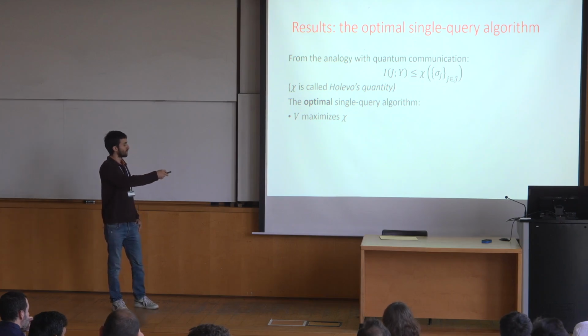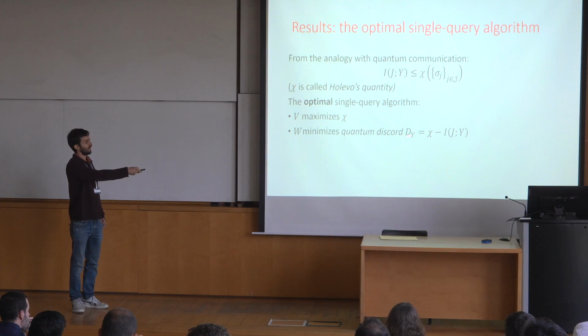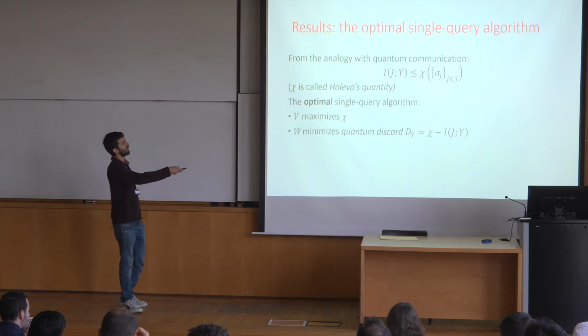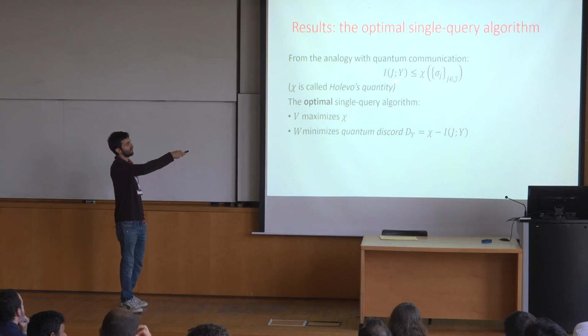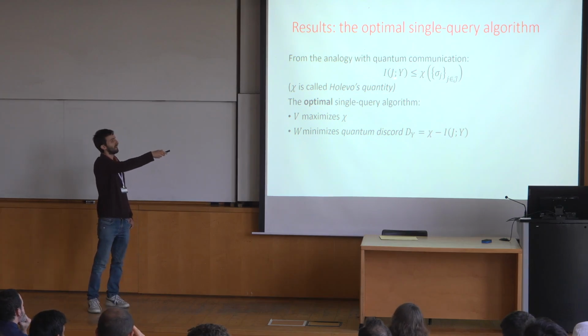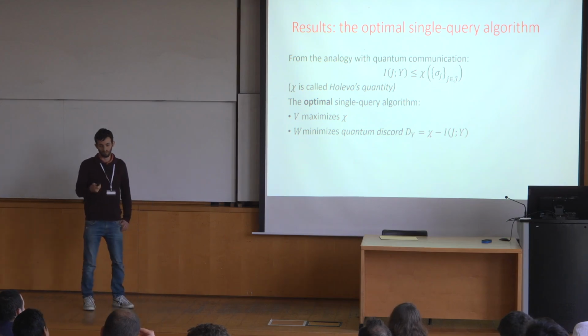So we need to choose V in a way that maximizes chi. And then we need to choose W such that it would minimize the difference between chi and I(J;Y). So W cannot change chi. So once chi is fixed, I want to minimize this difference, and then this would maximize I(J;Y). And it turns out that this difference is a form of quantum discord.